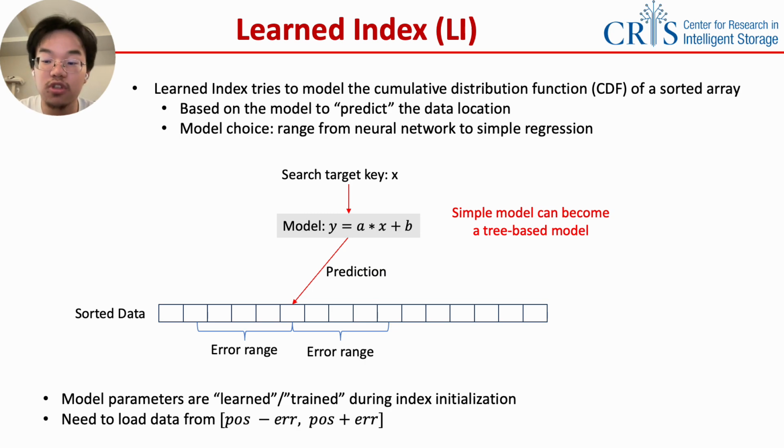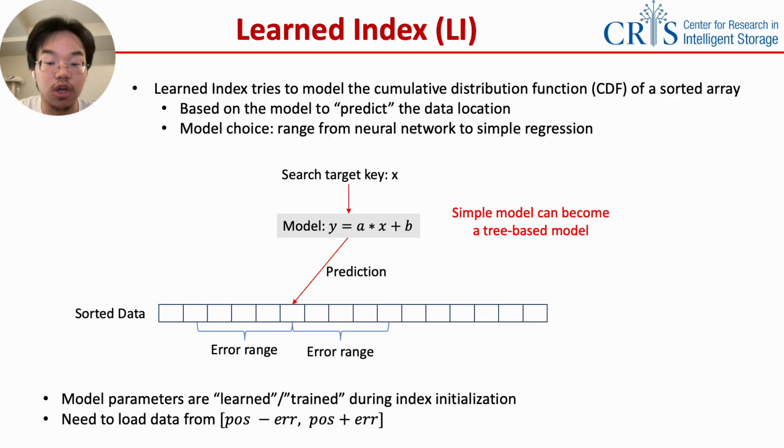The key concept of learned index is trying to model the CDF of the sorted array, and based on the model, it could directly predict the data location. The basic workflow is that given the target key, we plug the key into the model. Then the model outputs a predicted location in the original sorted data.